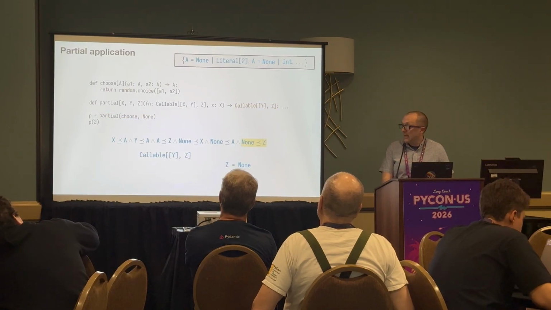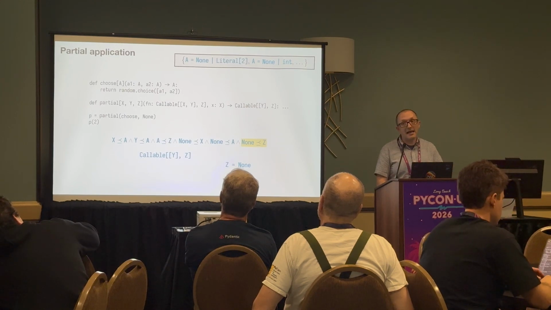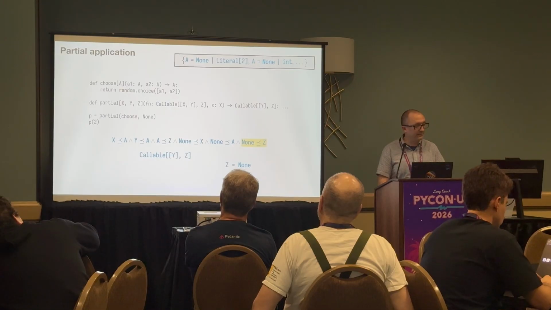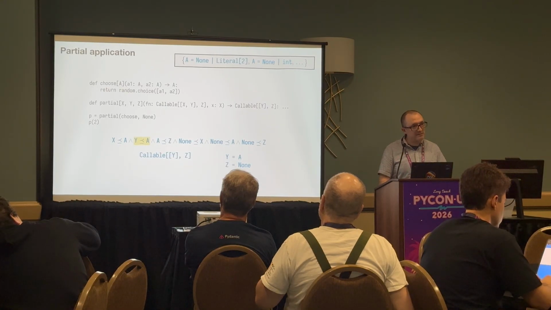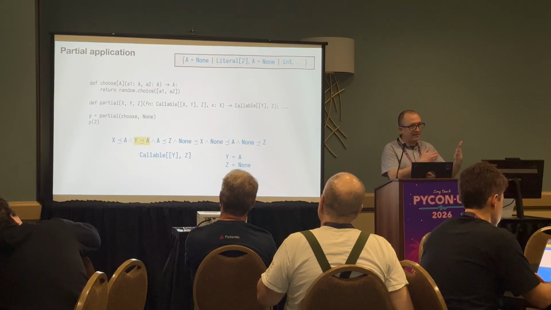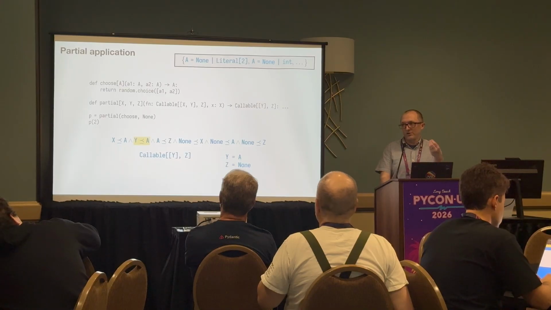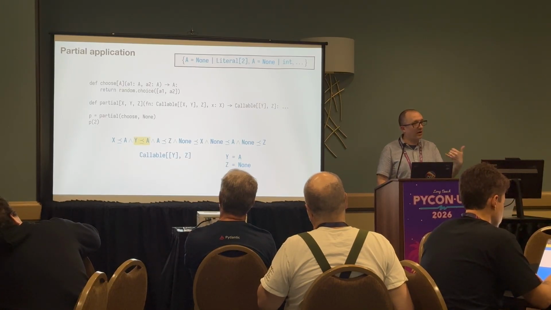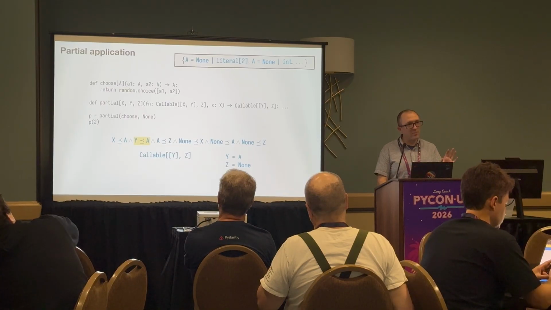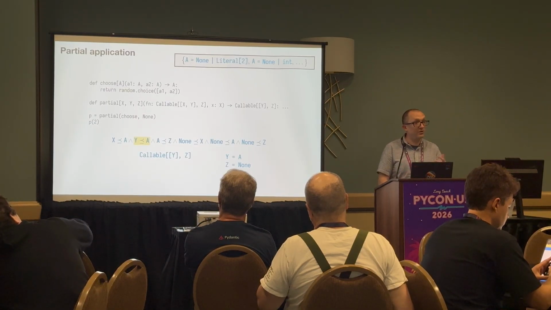And we can see that none must be a subtype of Z, so we're going to choose none as the solution for that type variable. So we're going to say that Z is none. We can also see here that Y must be a subtype of A, so we're going to choose A as the solution for Y. So in each of these cases, we just found one of the constraints that talks about the type variable that we care about, and we're using its lower or upper bound as the solution that we want to choose there.